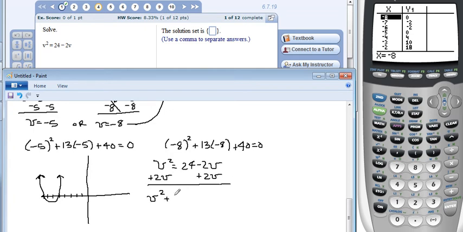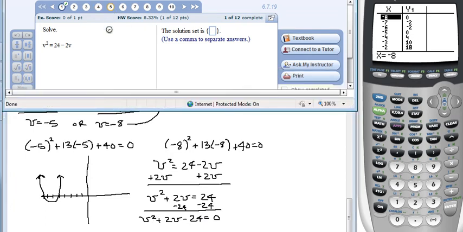V squared plus 2v equals 24, right? And then we're going to subtract our 24 across. So we have v squared plus 2v minus 24 equals 0. Now we're going to proceed from there. Factor, set each piece equal to 0 and solve each piece. Piece of cake.